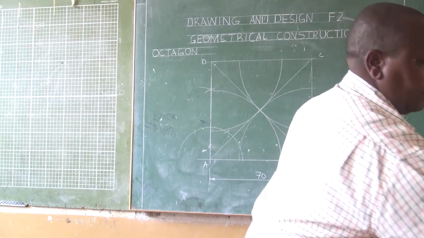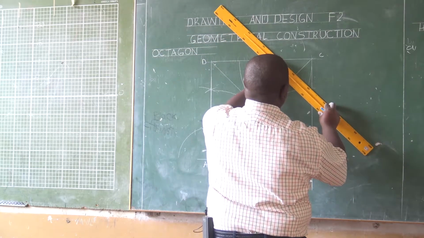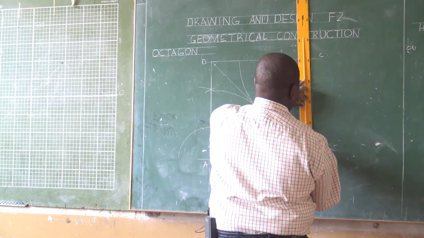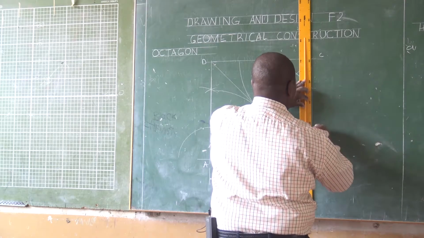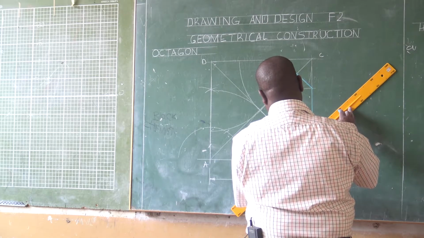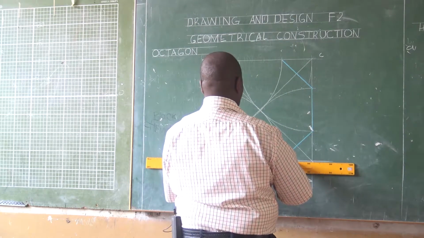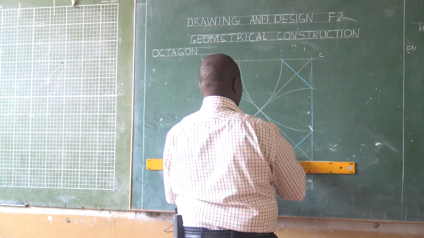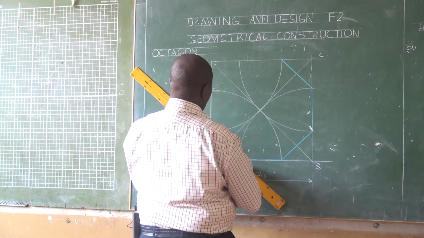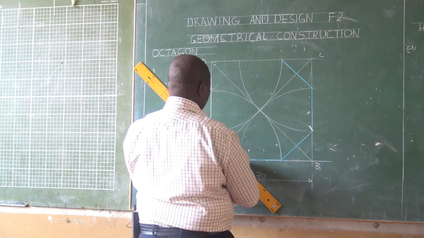Then we can use a different color for this one so that we can see what it is that we're getting in order to trace the required octagon. You'll be very keen as to the arc that you are seeking.